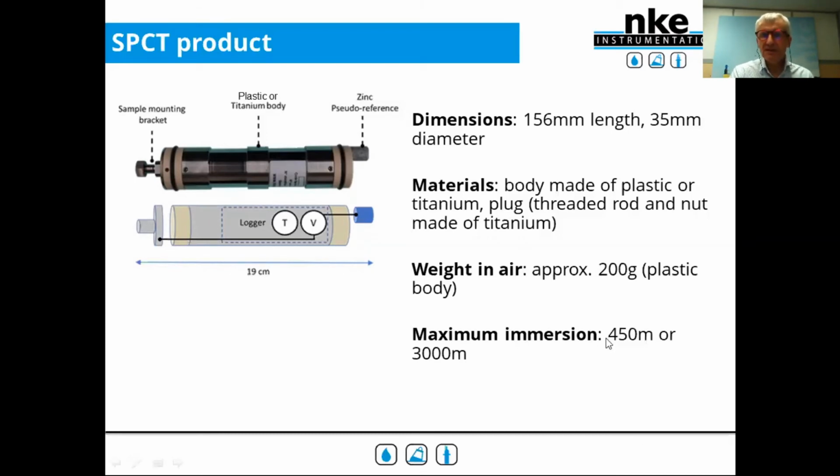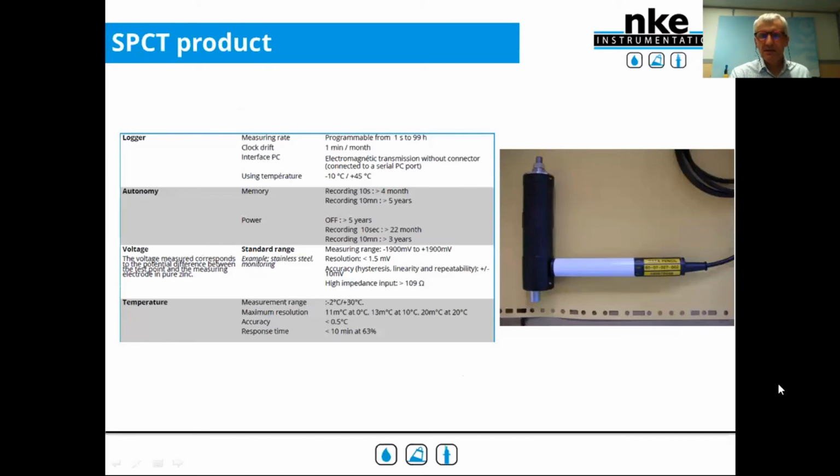The SPCT exists in two different versions. One is for shallow water up to 450 meter depth, and the second one is for 3000 meter depth. The SPCT uses the same data pencil that I showed you before.